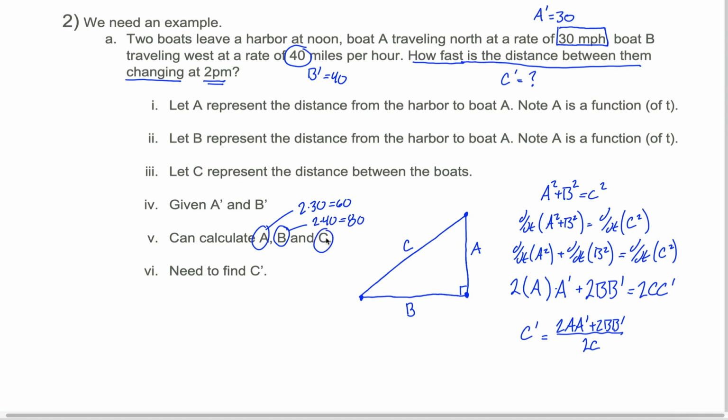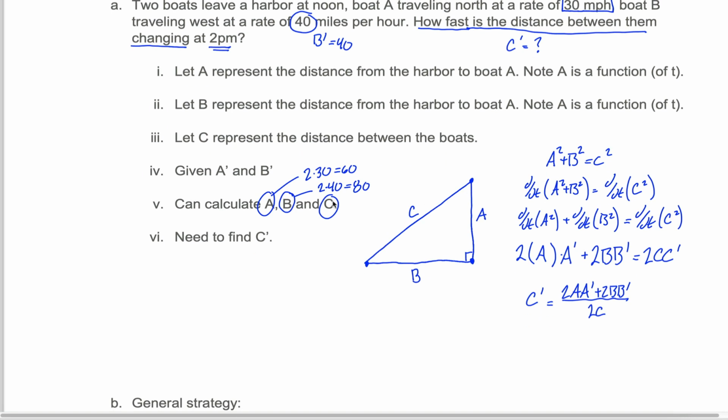What about C? Well, that one might be a little bit harder because we don't know the rate of change of C. That's what we're trying to figure out. However, fortunately for us, A, B, and C are related according to the Pythagorean theorem. So all we got to do is plug in our values for A and B to solve for C. 60 squared plus 80 squared is equal to C squared. So I got 3600 plus 6400 is equal to C squared. 36 and 64 is 100.